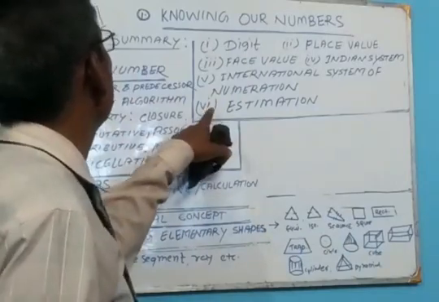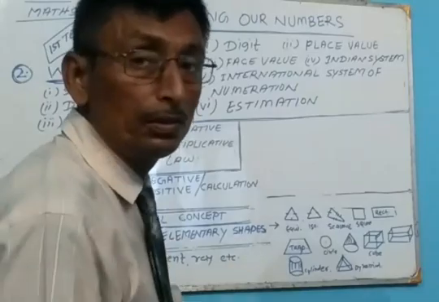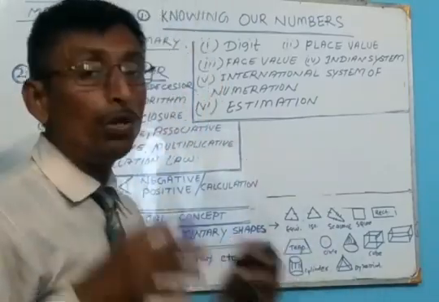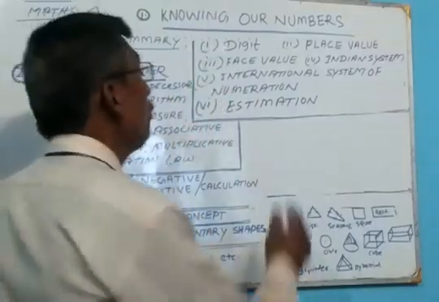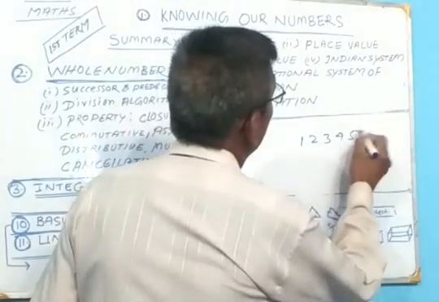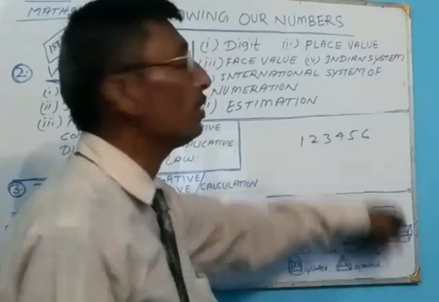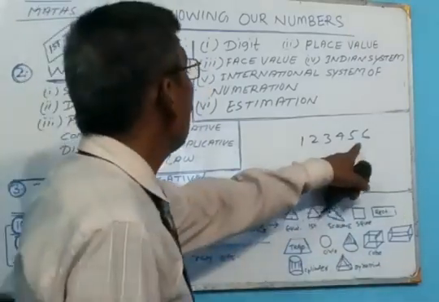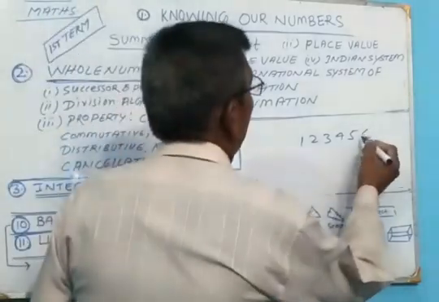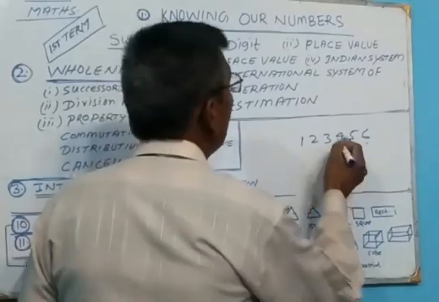Then come on to the last term, estimation. What is estimation? Estimation is rounding the value. Suppose that we have the number 1, 2, 3, 4, 5, 6. Then we have to estimate the number at unit position, tens position, hundred position.